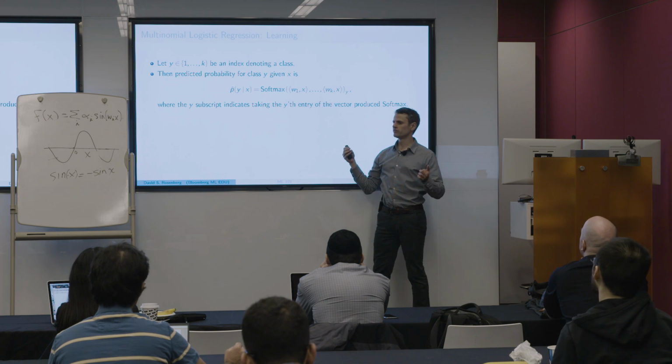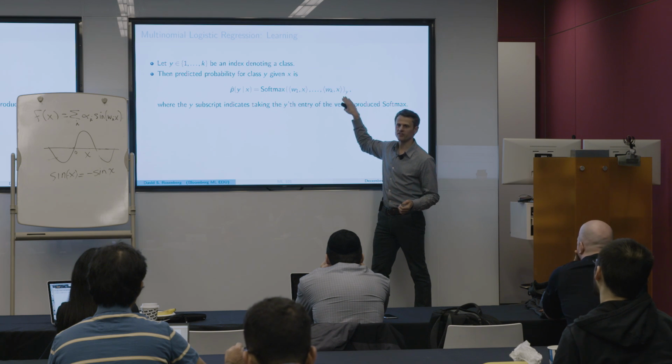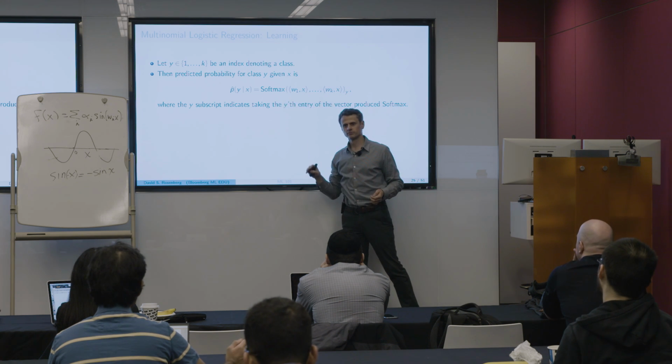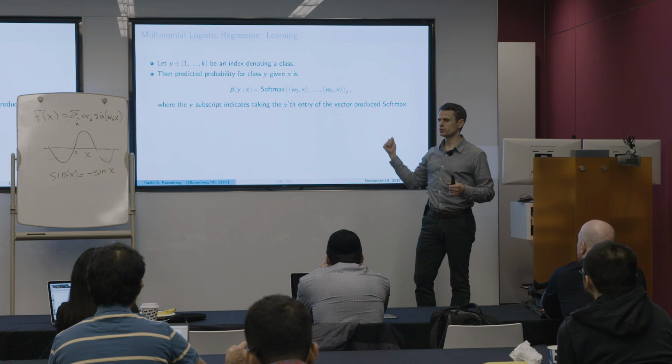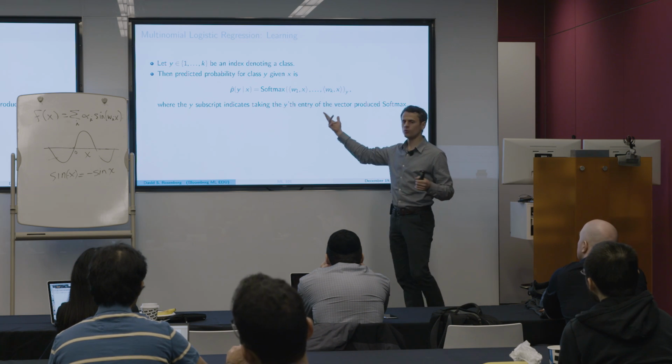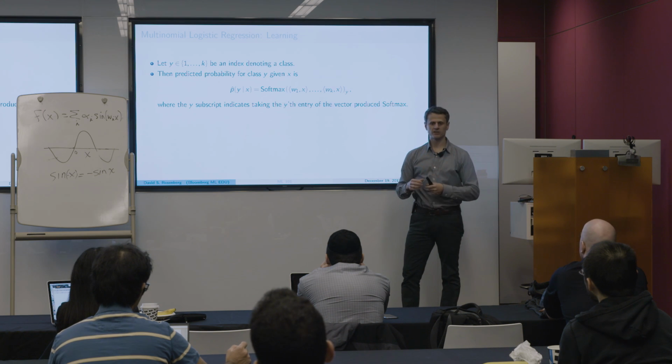So the probability of the particular class y is the yth entry of that softmax vector. Is that clear? Because softmax returns the whole probability vector, if we want to know the probability of y, say y equals class 3, then that's the third entry of the softmax vector.